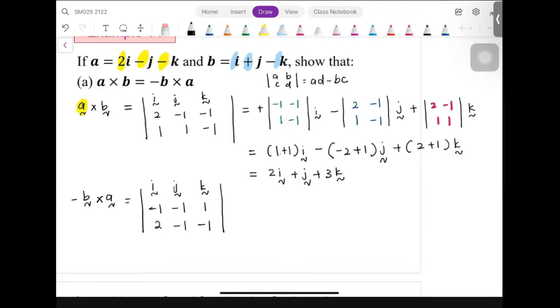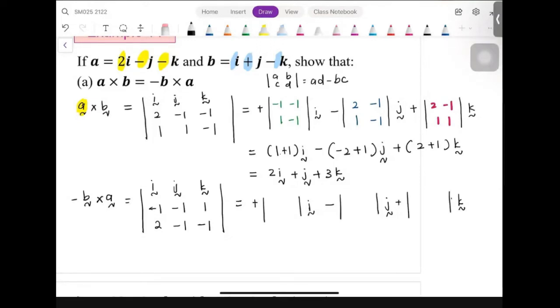Now, remember, start deleting by row and column. So I just put a template first. We have positive, and then vector I minus vector J plus vector K. For vector I, remember, delete the first row and first column.